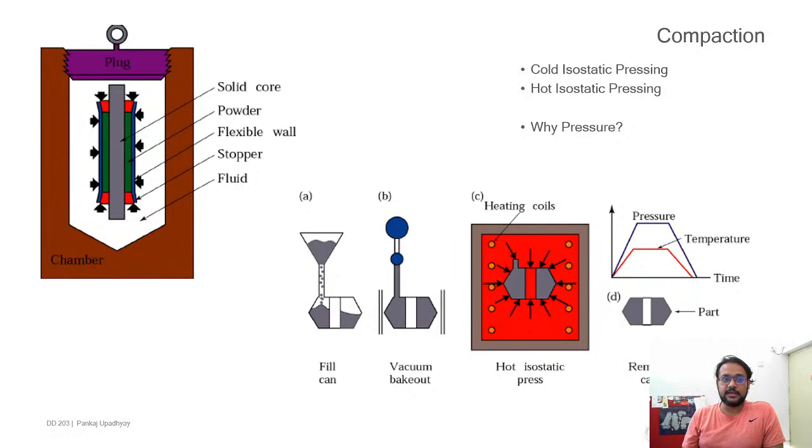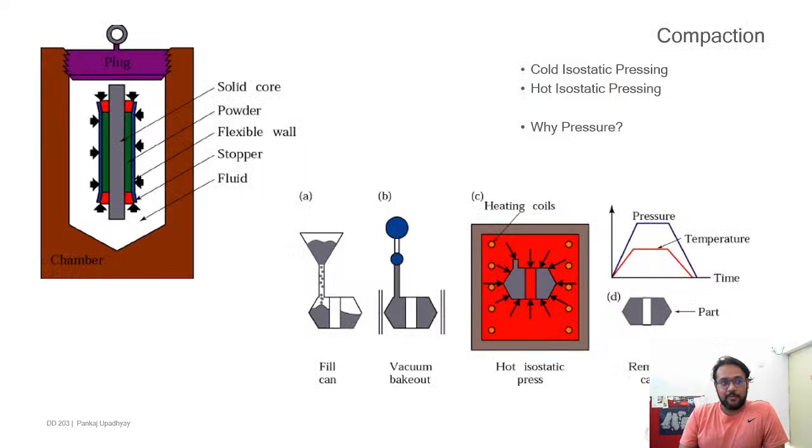Now the outer casing you can remove maybe by machining, or by some very simple methods. If you made the outer shell with some specific material, you could dissolve it in acid, and the internal part itself doesn't dissolve in acid, so you could design it in that manner. So the schematics is fine.